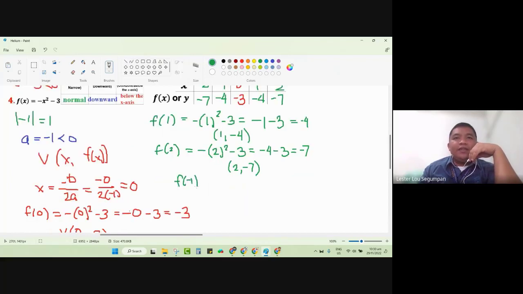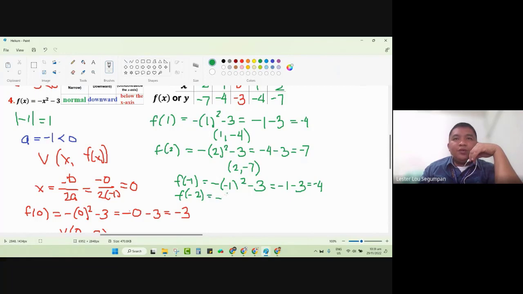So f of negative 1 given is negative of negative 1 squared minus 3. Do not use the double negative property here since we will be using first the PEMDAS. So you will have the negative, the square of negative 1 is just 1, minus 3, and hence again you will have negative 4. Also true for f of negative 2.